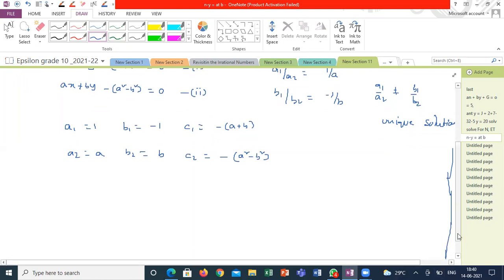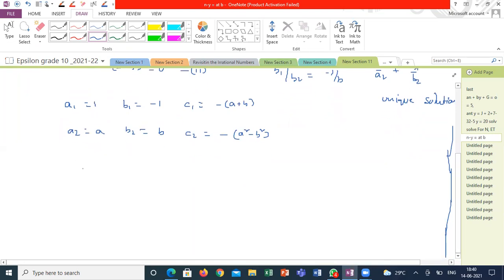Minus 1, b, minus of a plus b, minus of a square minus b square, 1, a, minus 1, minus of a plus b. Guys, do you agree with me? What am I doing? Are you understanding? Are you clear?